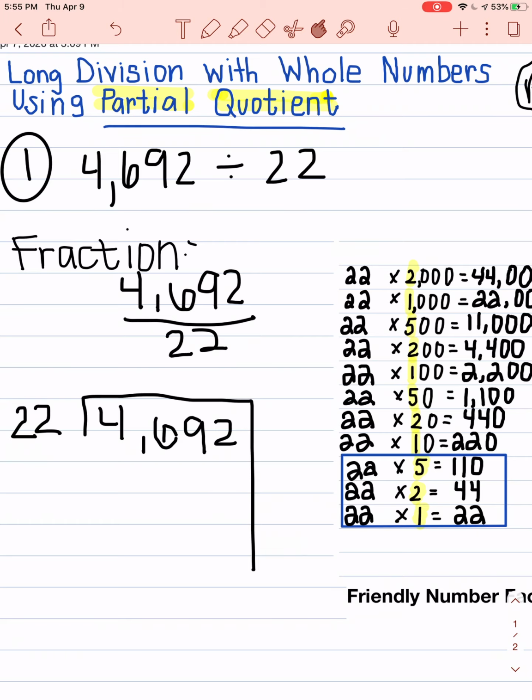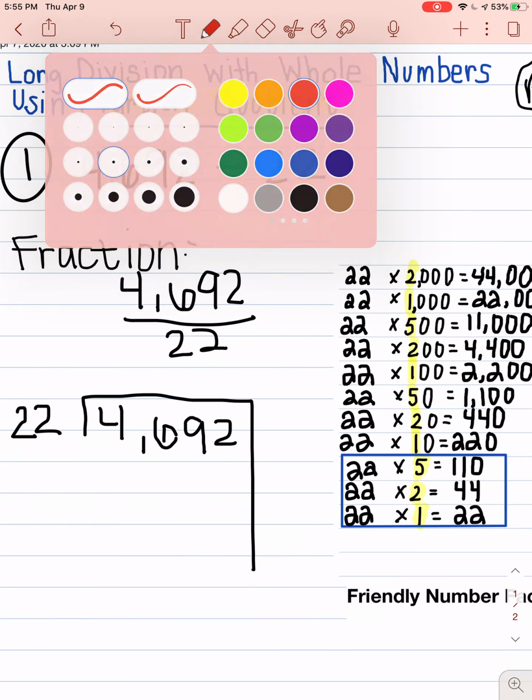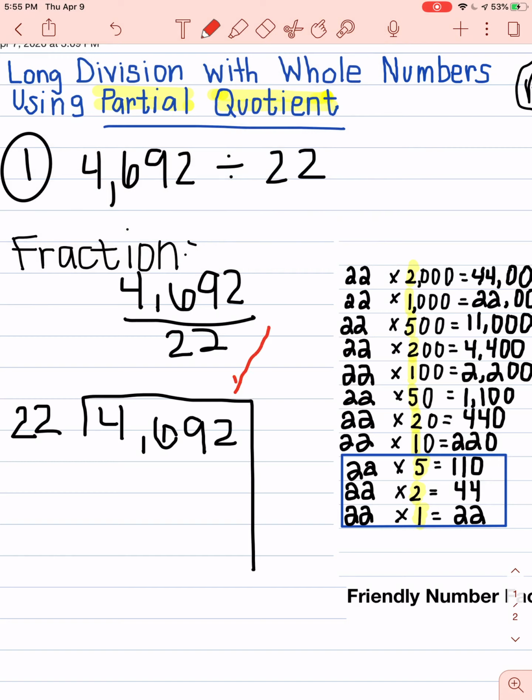So remember that this is my dividend. And then what do you think that the 22 is? What is the vocabulary term for that? Did you guess divisor? Or not guess, but know that it's the divisor.